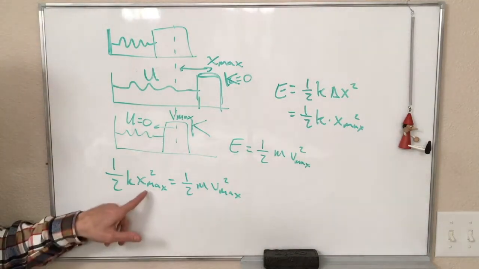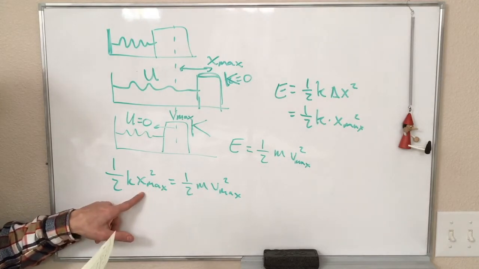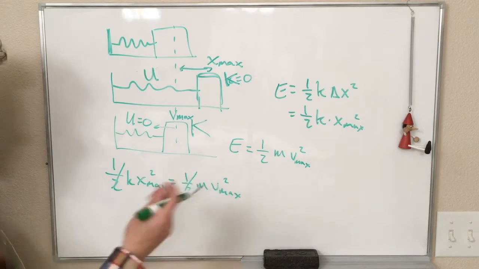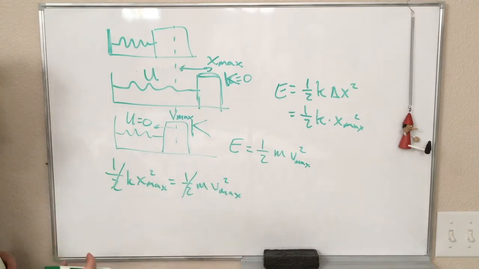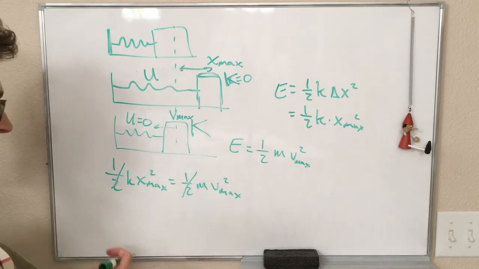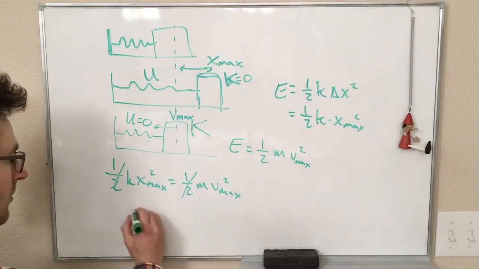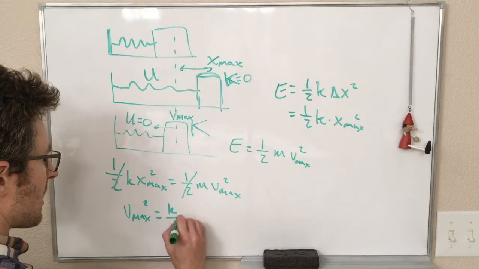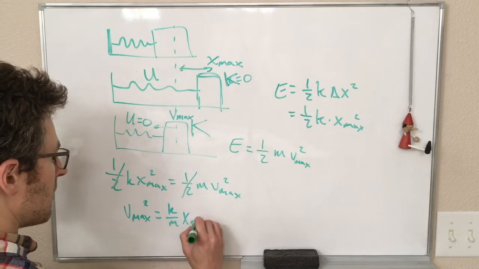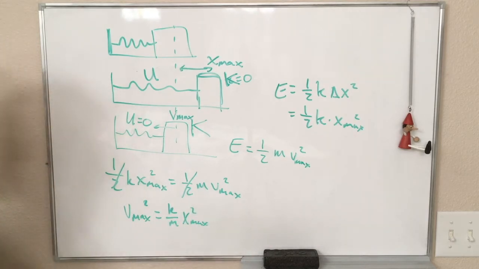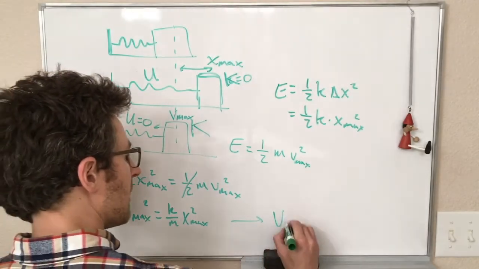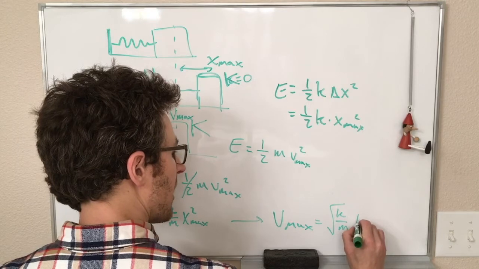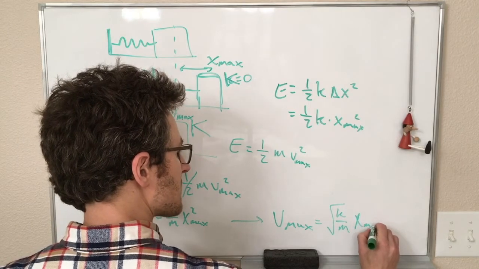So now we can solve for v max in terms of x max. Let's do that. Multiply both sides by 2, our 1/2s cancel. If I divide both sides by m, I get v max squared equals k over m times x max squared, and now taking the square root, I get v max equals the square root of k over m times x max.